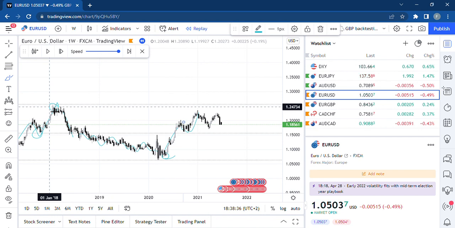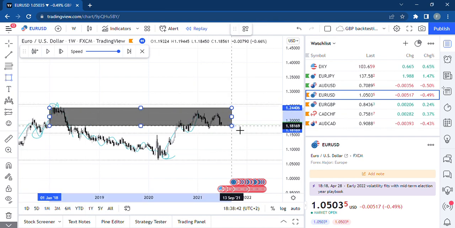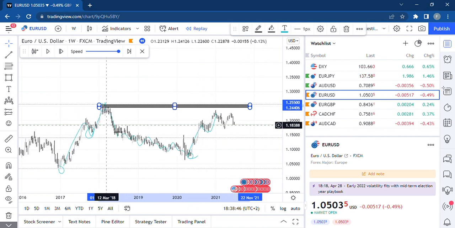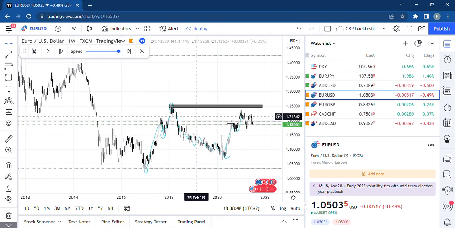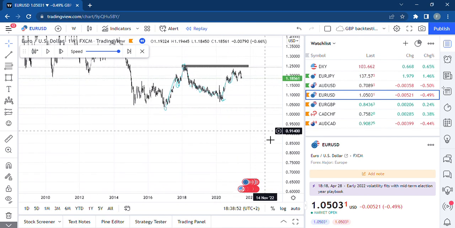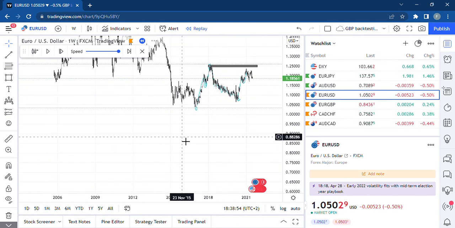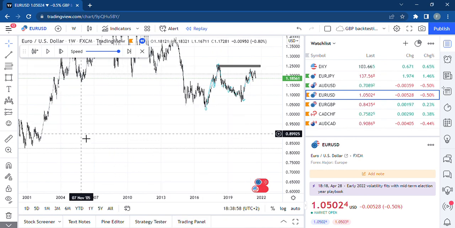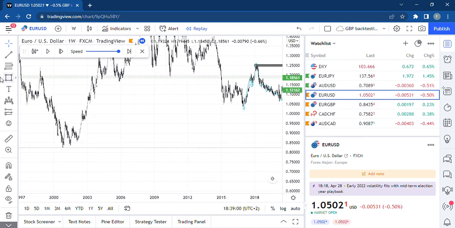So for all we know, price can react to this area over here and go lower. But now, don't get it confused. I'm not saying that we might go lower, like low to this point. No. Remember that on the monthly time frame, we have this low over here.